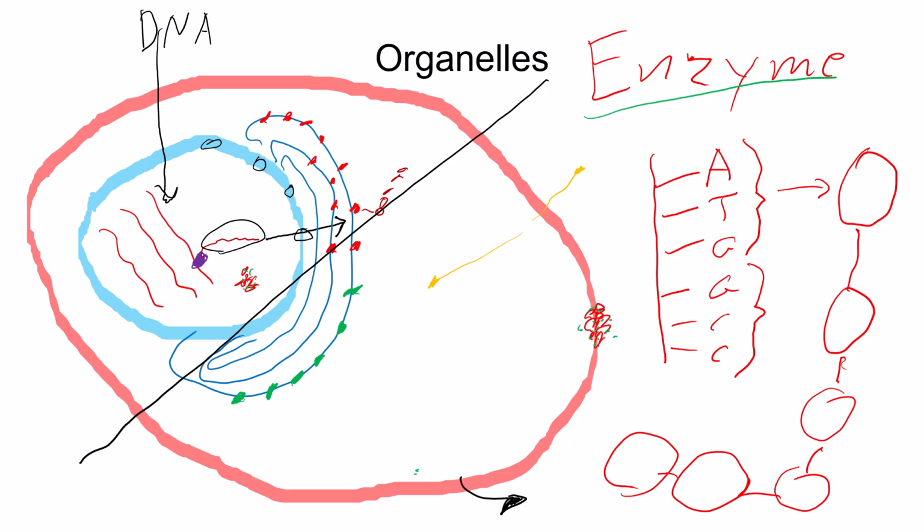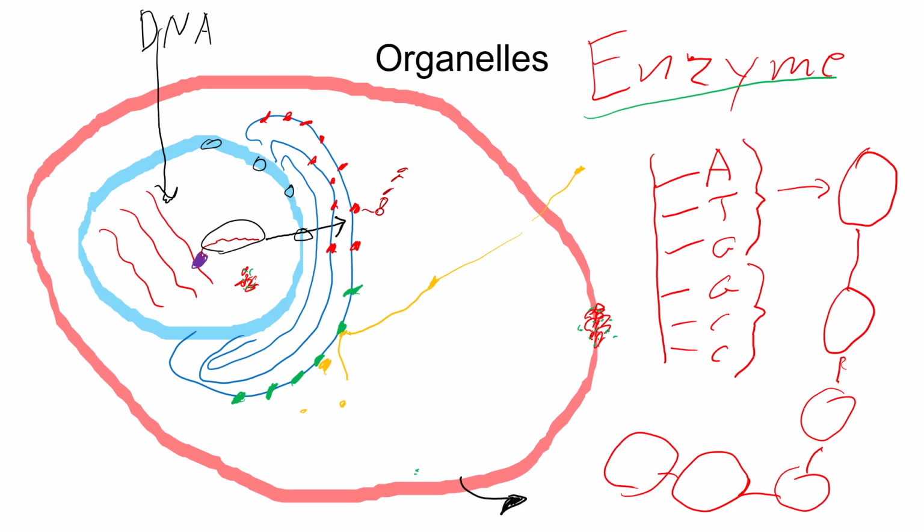And so to protect itself, the cell needs to be able to process these toxins. And so a lot of toxins are processed in the endoplasmic reticulum. So the toxin comes to the enzyme, and then the enzyme will break it up or change it so that it becomes something that is not poisonous to the cell.